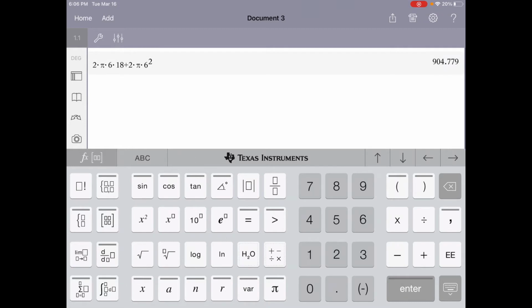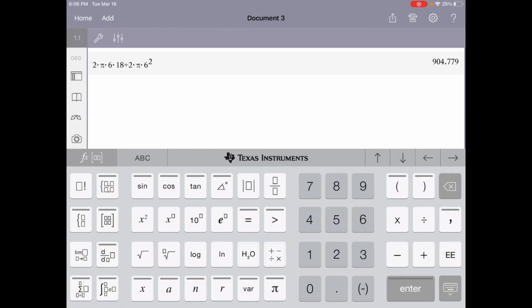We click enter, and our final answer is 904.779. Now remember, we want to write our answer to the nearest tenth, and so we look at that number. There's 2 sevens. We're looking at the 7 right after the decimal point, and then look at the number right to the right of it, which is another 7.